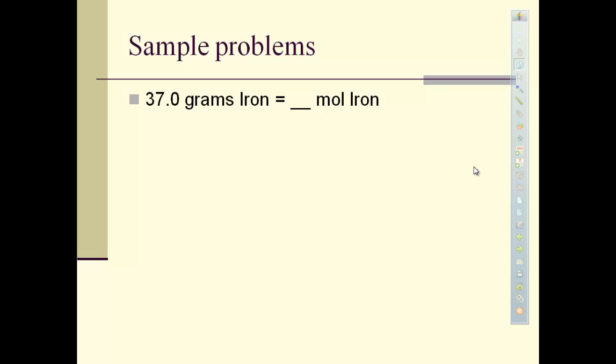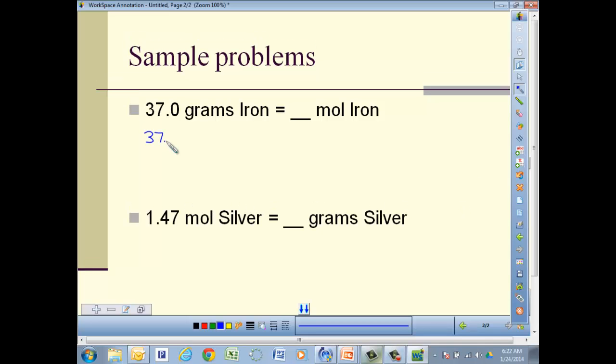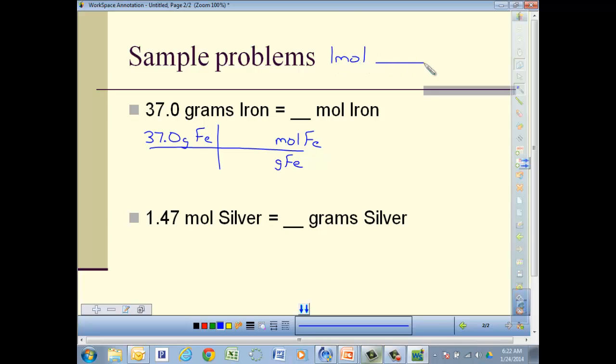Looking at a couple of sample problems, 37 grams of iron, go to moles. 37 grams of iron, go ahead and draw my railroad tracks. Again, I don't want grams of iron, so I'm going to place it opposite. I'm going to go moles of iron here. And remember what I said, 1 mole was equal to however many grams of that substance or that element.